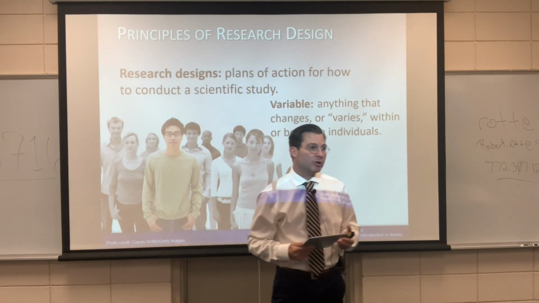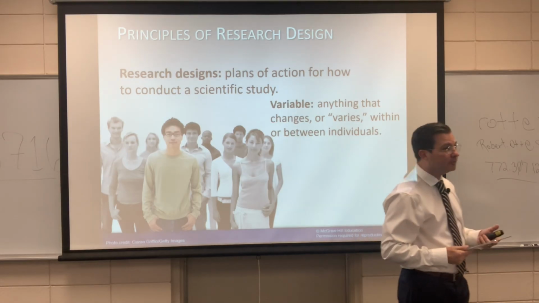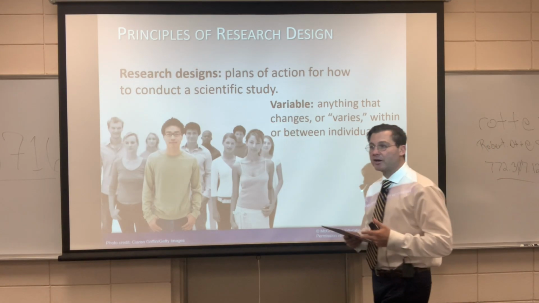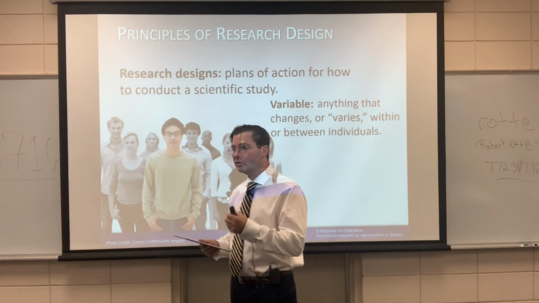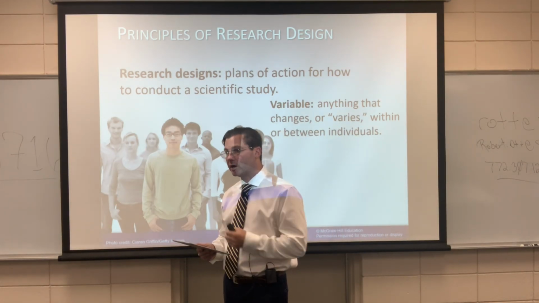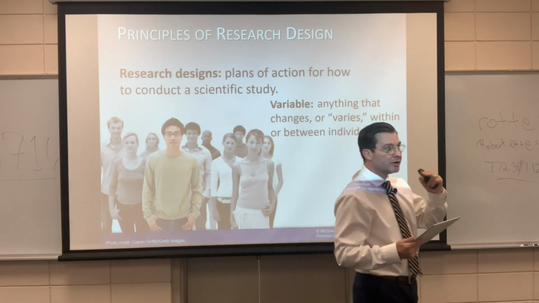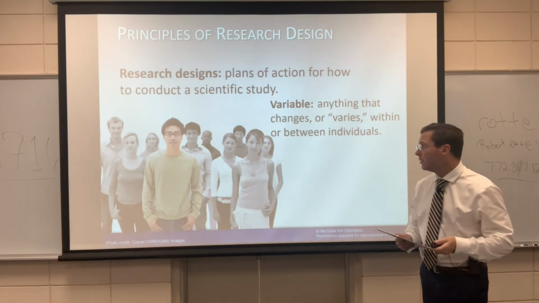That would be a variable that we could observe and also measure. As a result, not everybody's going to have the same level or degree of aggression. There'll be different degrees in which we look at that variable when we measure it.